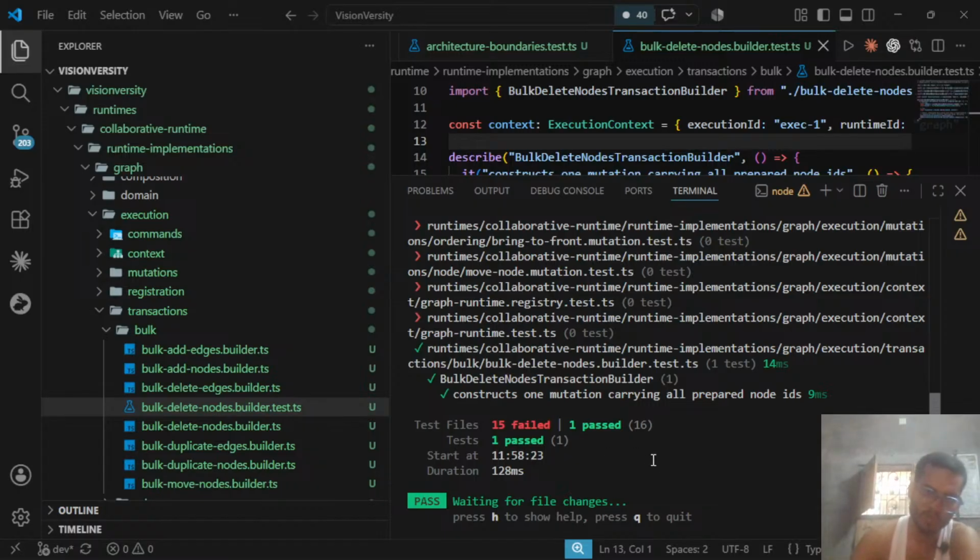What does it mean that 15 failed? It means the responsibility I delegated to each component, and the test, the expectation, the use case I want, doesn't fit with my test case. If the test case is wrong, maybe your code is right, but you handle your test case a different way.